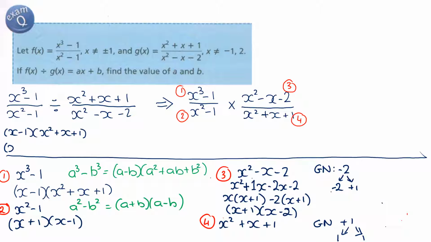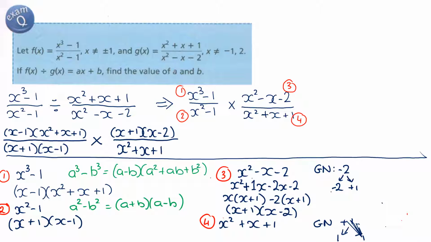We're going to have x plus 1 and x minus 1 on the bottom of that fraction. And then you multiplying that by, what do we have for 3? We have x plus 1, x minus 2, and that's going to be over x squared plus x plus 1 that we couldn't factorize. So let's combine that.